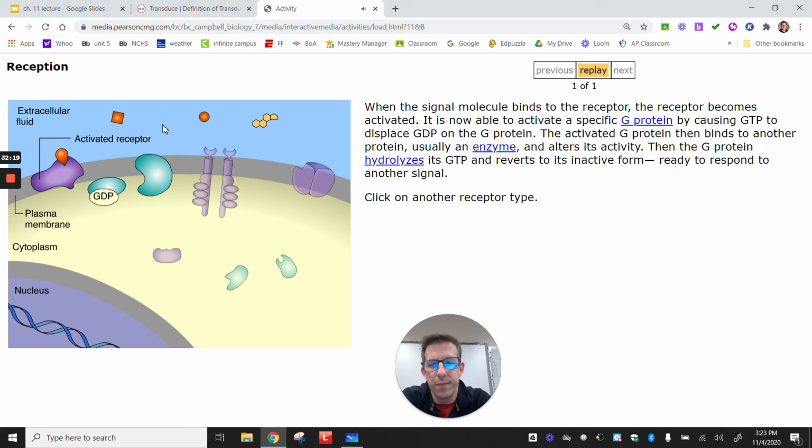It is now able to activate a specific G protein by causing GTP to displace GDP on the G protein. The activated G protein then binds to another protein, usually an enzyme, and alters its activity. Then the G protein hydrolyzes its GTP and reverts to its inactive form, ready to respond to another signal. Click on another receptor type.